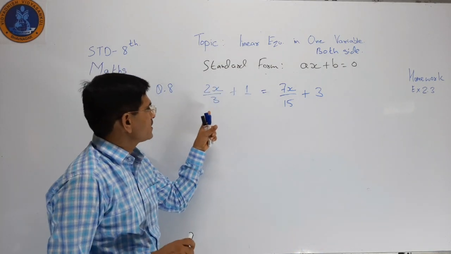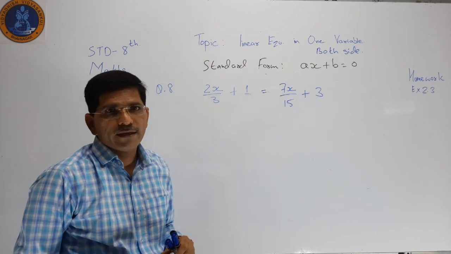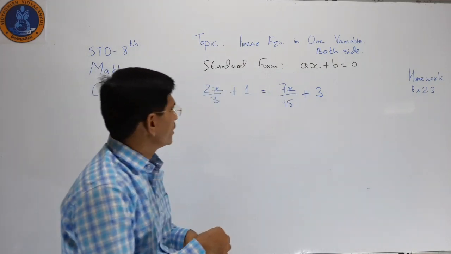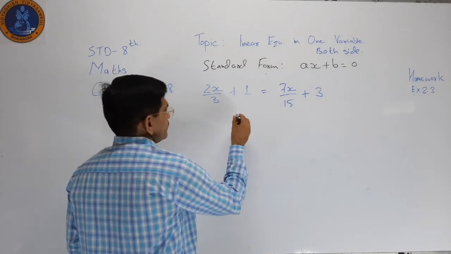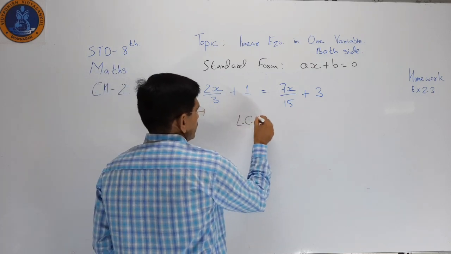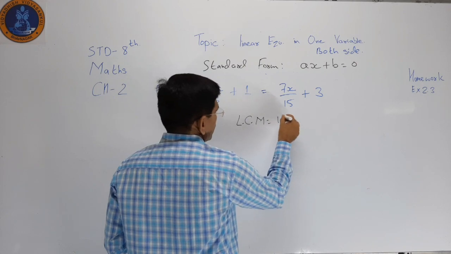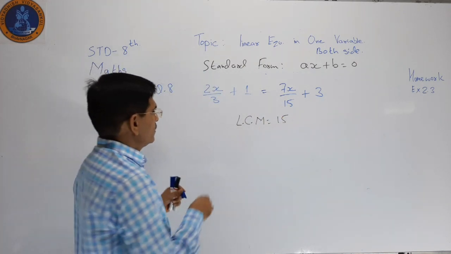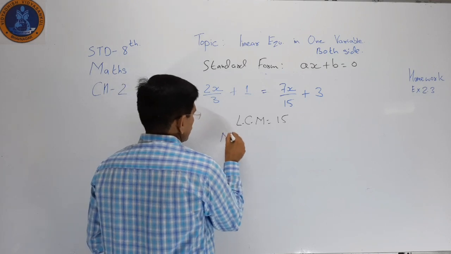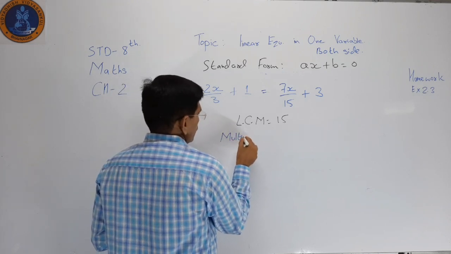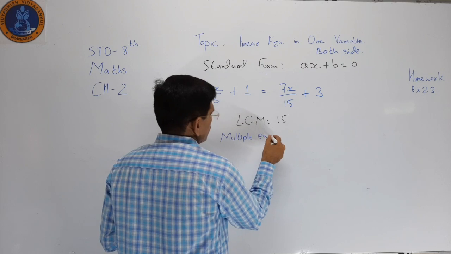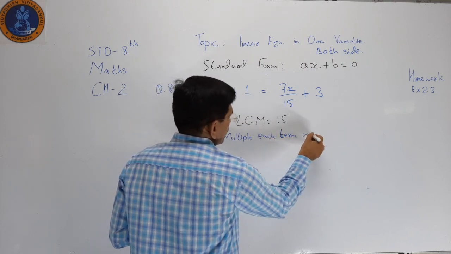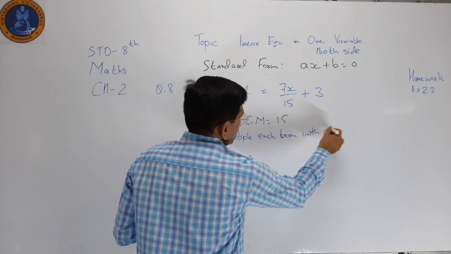So what is my LCM? 3 and 5. So the LCM is 15. Multiply each term with 15.